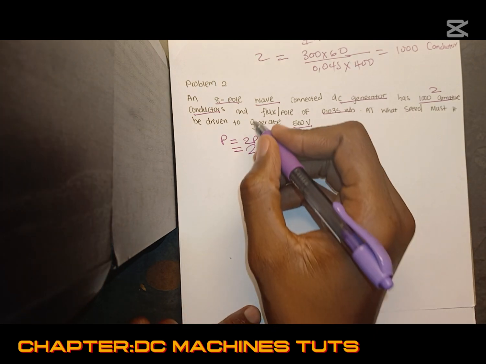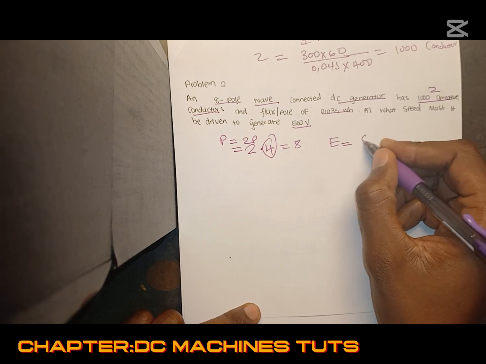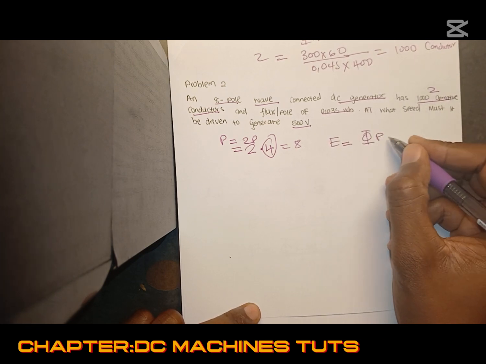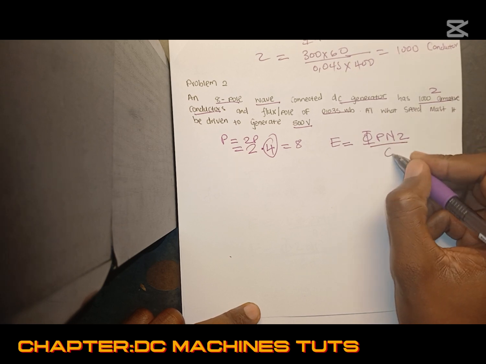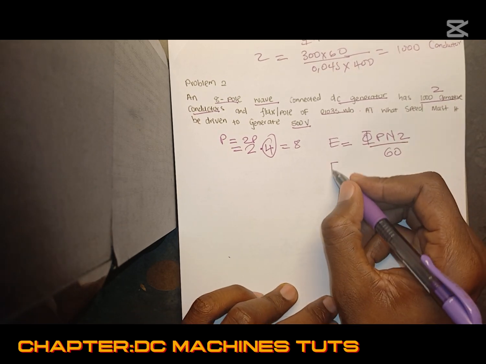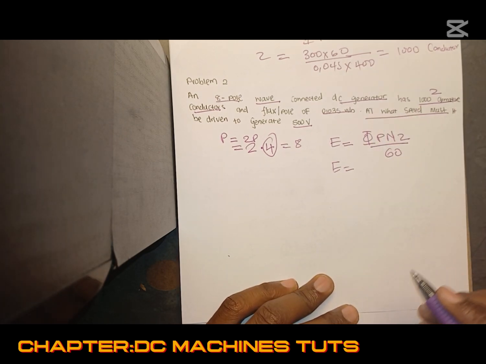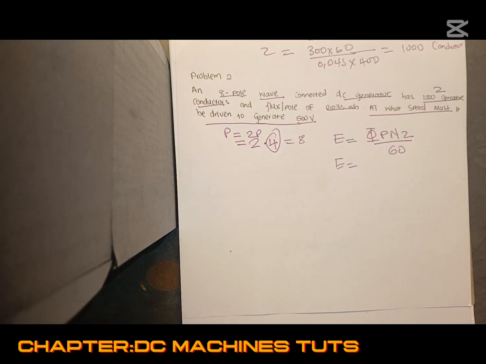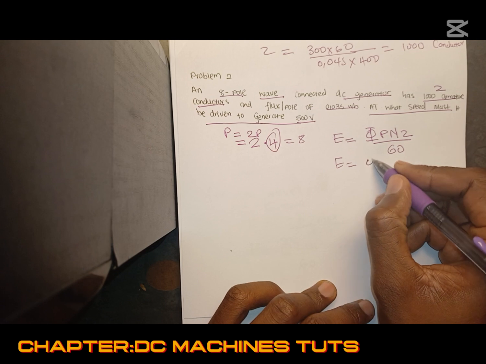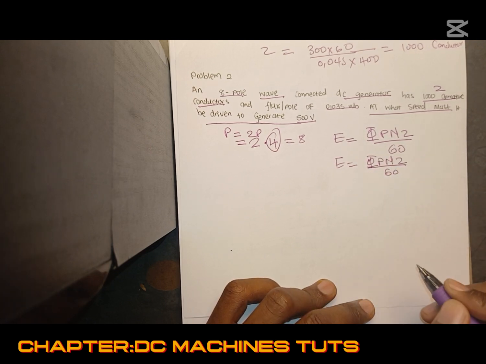Now, this is wave. So for wave, the EMF is equal to flux P N Z divided by 60, right? Because I've already derived this for you. Now, what are we looking for? We're looking for N, because they said at what speed must it be driven to generate 500 volts. Right? Now we have to make N the subject of the formula.